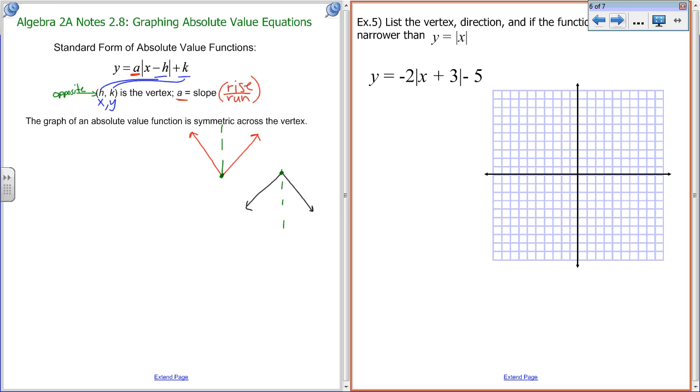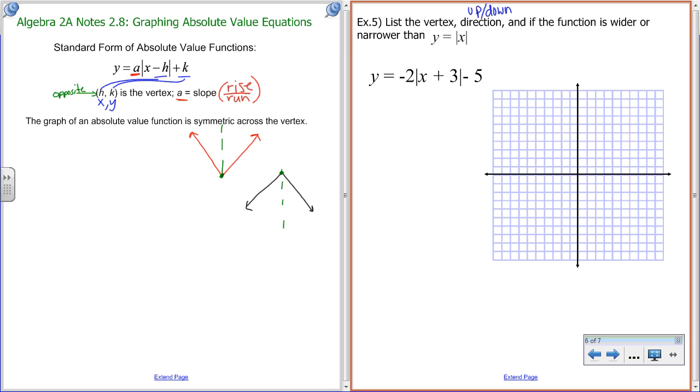All right, our 6th slide here is example 5. We need to list the vertex, the direction, whether it opens up or down, and whether it is wider or narrower than the original function that we graphed, y equals absolute value of x. Well, let's graph this one and see what happens.